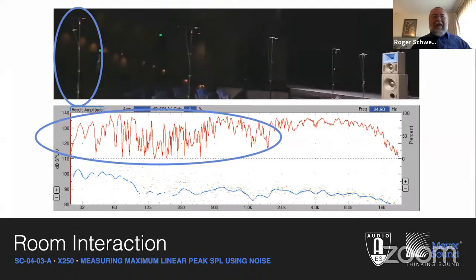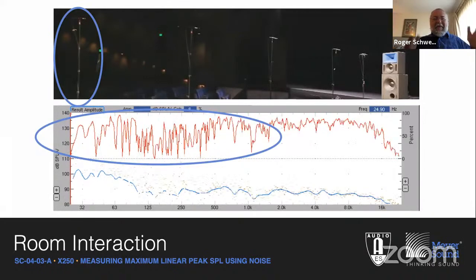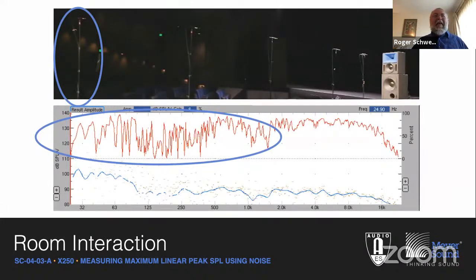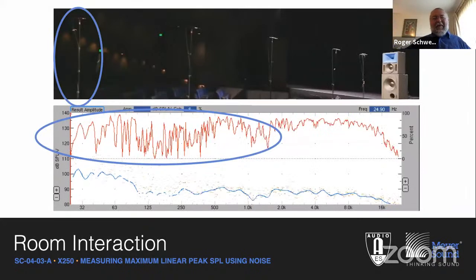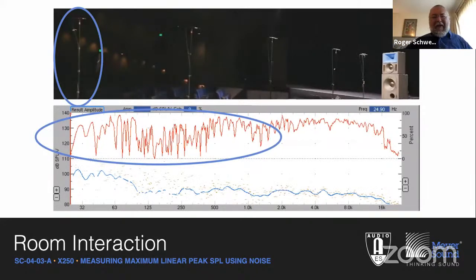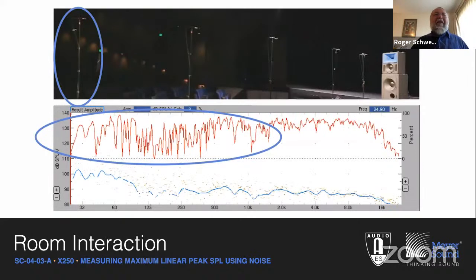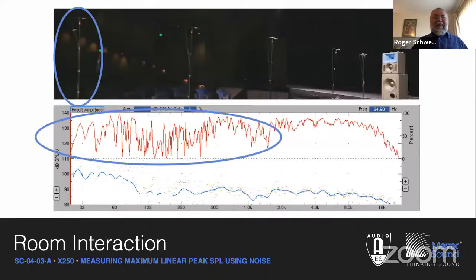The other thing that it shows you is that all analyzers have some analysis window. They analyze signals in chunks of time, and if you're in a very reverberant space and that reverberation arrives after your analysis window, then that will reduce your coherence.